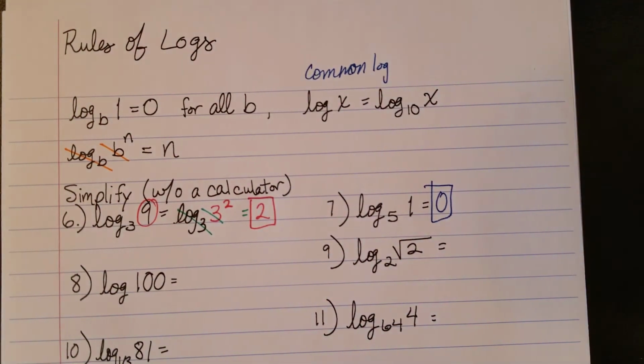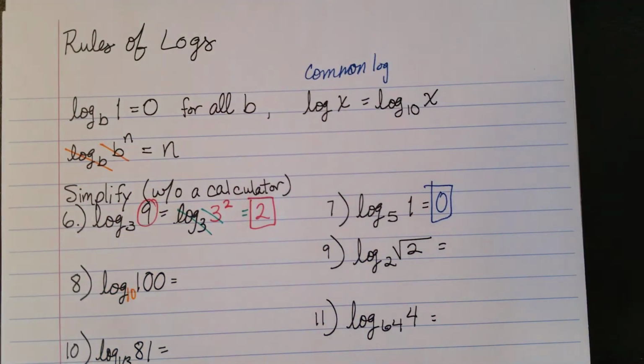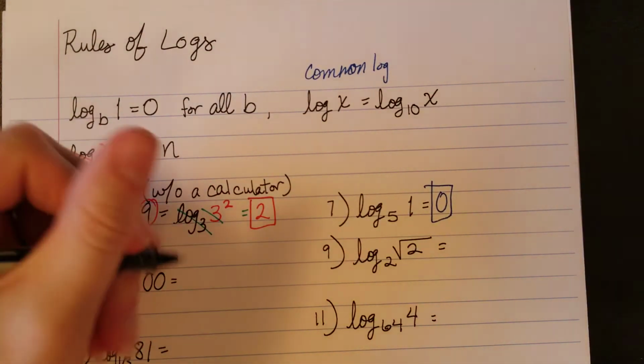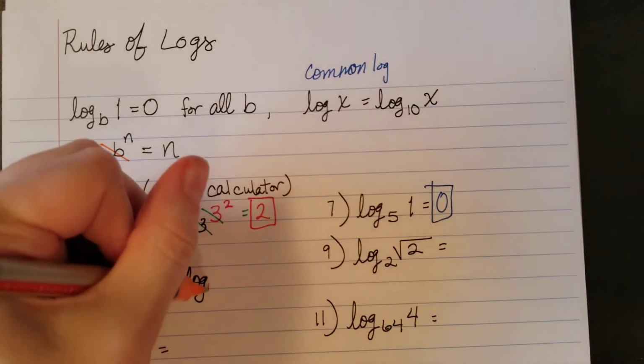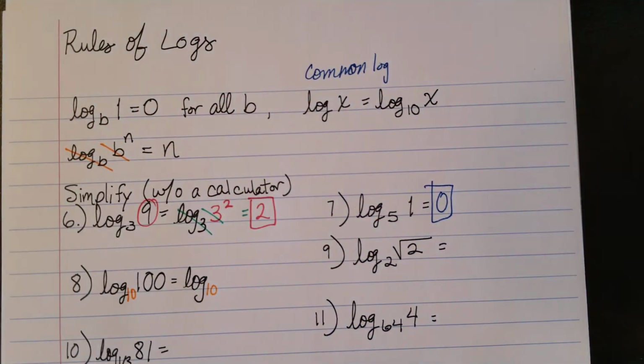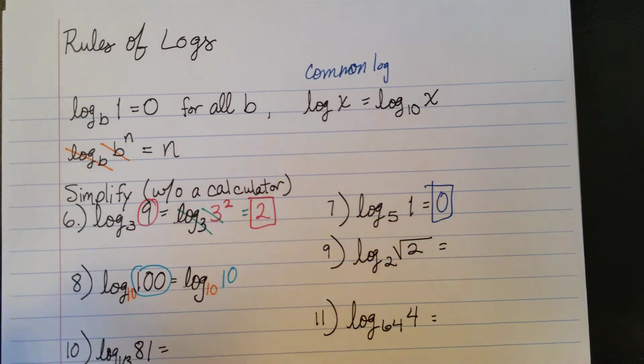And then number 8, log of 100. It doesn't show any base, so we know that the base is understood to be 10. So then we want to try to replace the 100 with 10 to a power. 100 is the same thing as 10 to what power?